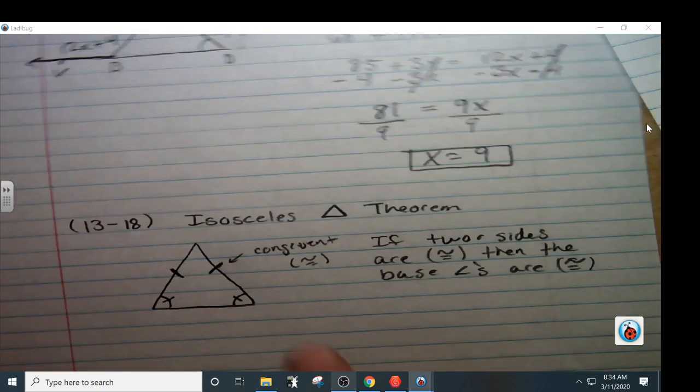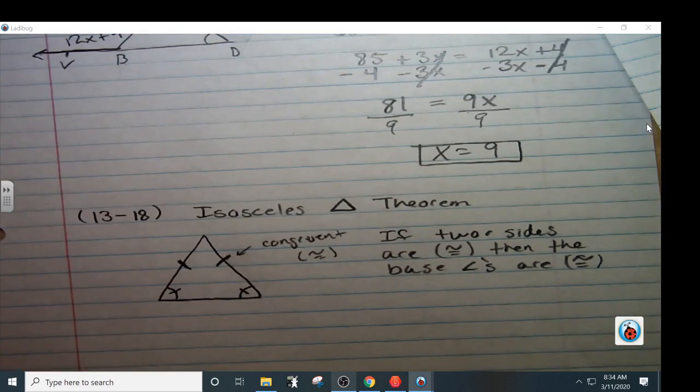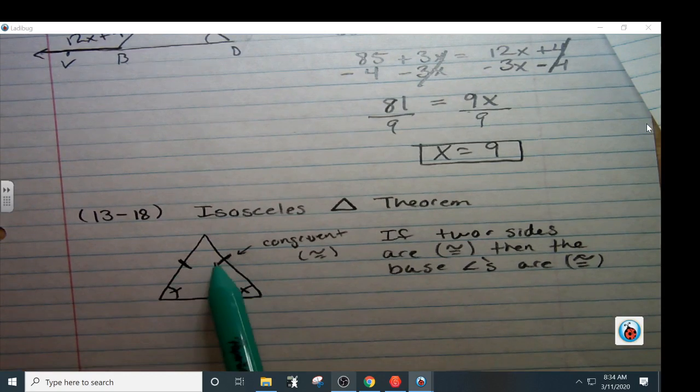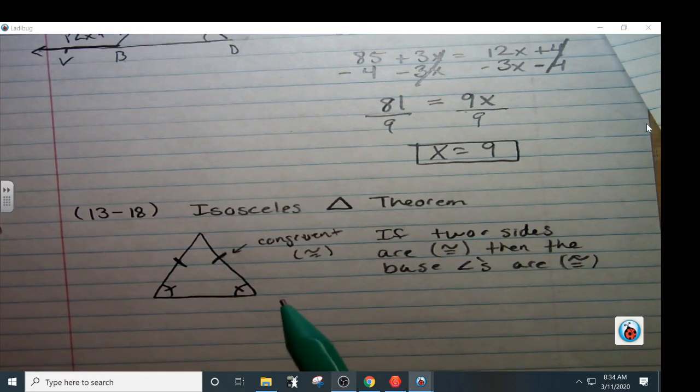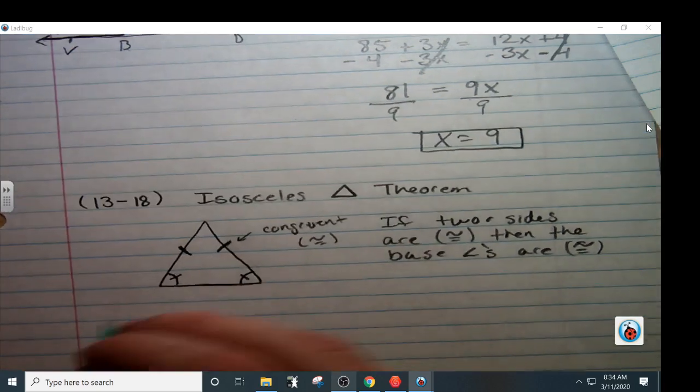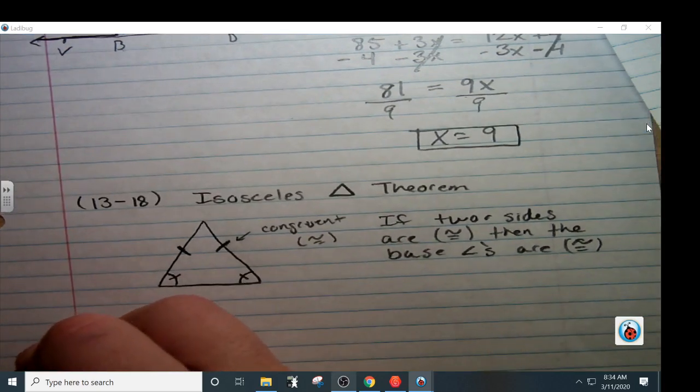All right, so now, knowing that if you have two congruent sides, the base angles are also congruent, let's look at 13.